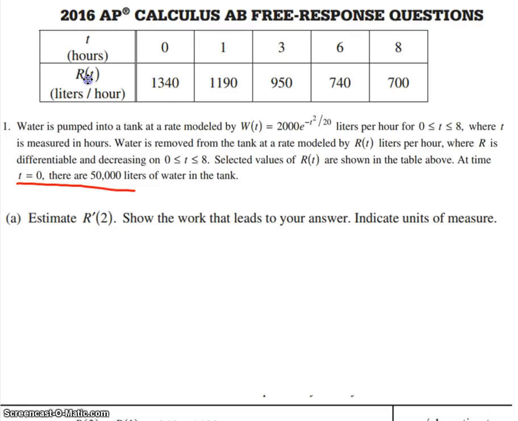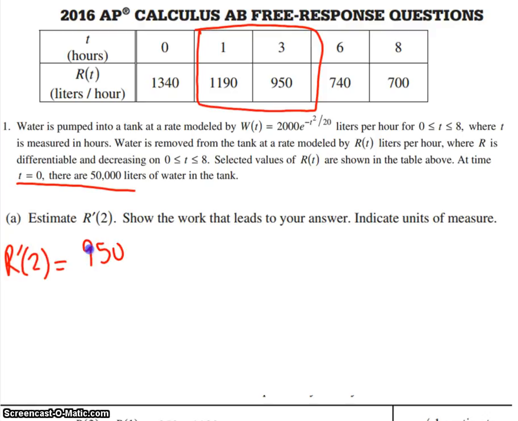R of t is given by the table above. So R prime of 2, the only way we can do it is by doing the slope formula. So R prime of 2 is going to be 950 minus 1190 over 3 minus 1. When you subtract and divide by 2, you should get negative 120.